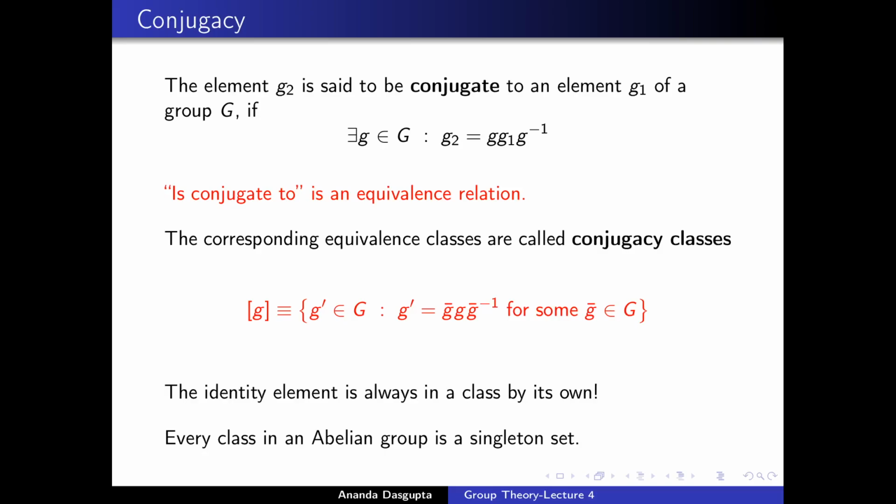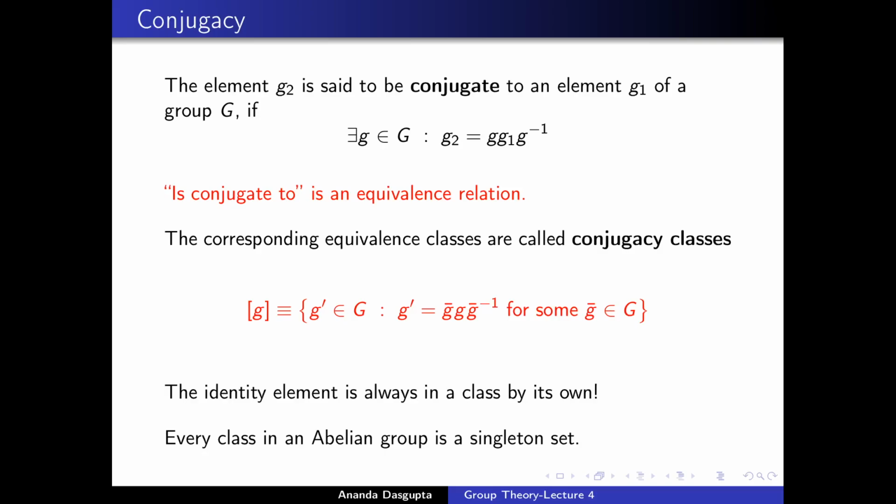Now, just to get some feeling about what conjugacy classes are all about, let us now take a look at conjugacy classes for our familiar group, the group with which we started discussing groups in the first place: the set of symmetry elements or symmetry operations on an equilateral triangle.